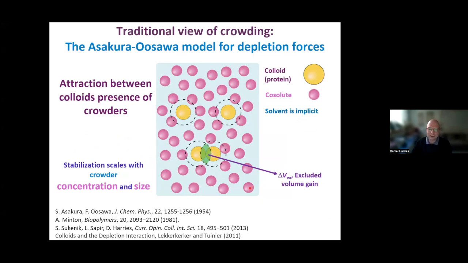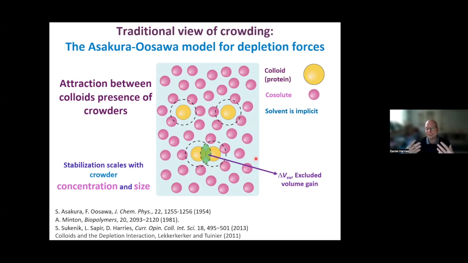And the idea is that when you have co-solutes that are preferentially excluded from a colloid, a larger colloid here in yellow, you get this volume of exclusion, and this volume of exclusion can be minimized by bringing the two colloids together, so that the overall excluded volume is reduced in the process.